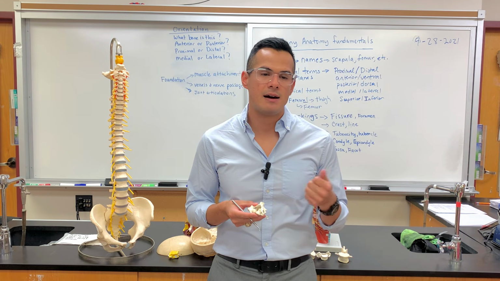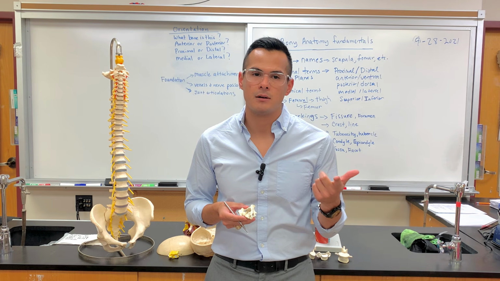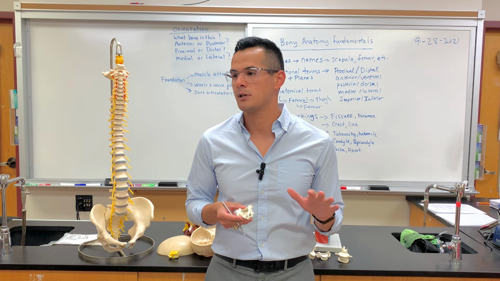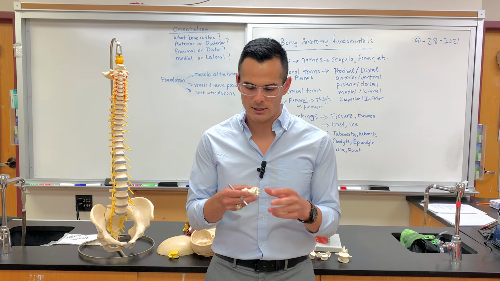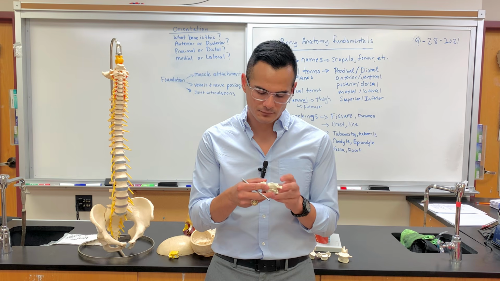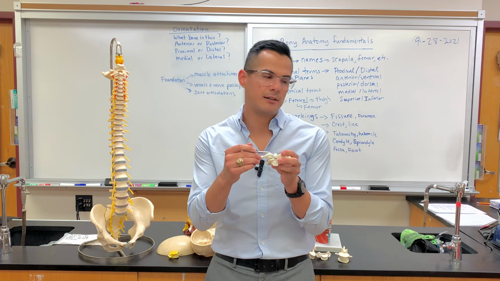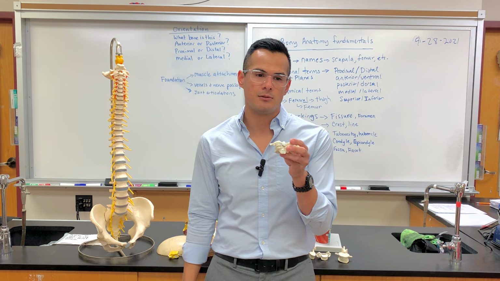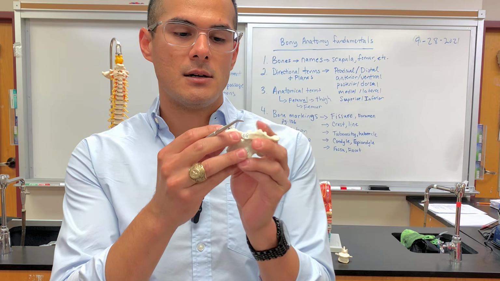And so you have seven cervical vertebrae, and then you also have 12 thoracic, 5 lumbar, and then 5 that are fused with the sacrum, including the 4 that are fused for the coccyx. And so what I have here, I mentioned earlier that this was C1. So this is C1 and this is C2. So you have the atlas as well as the axis.